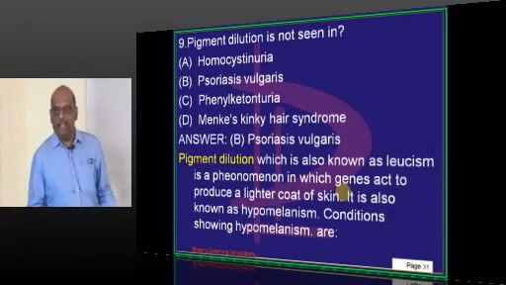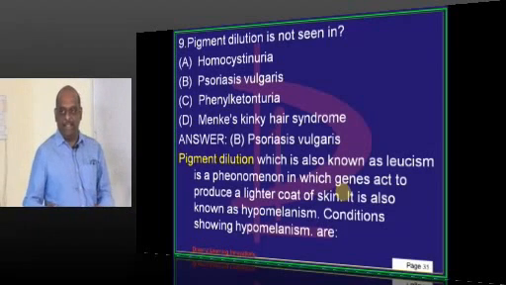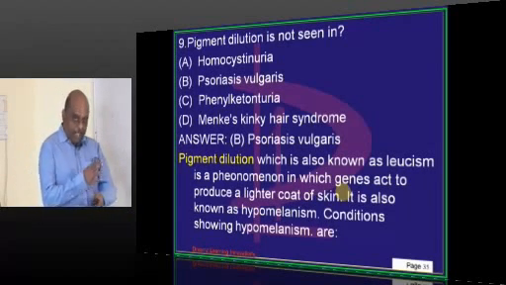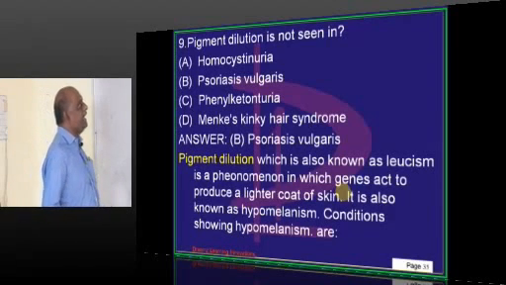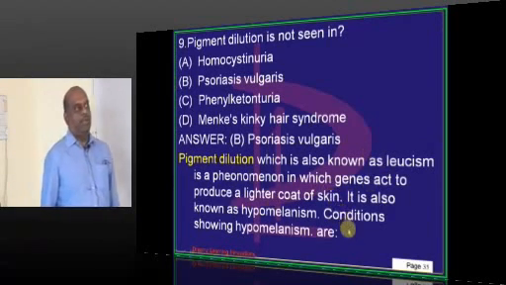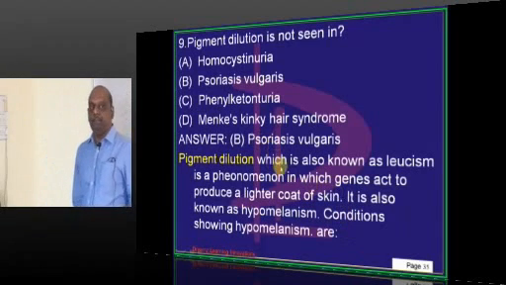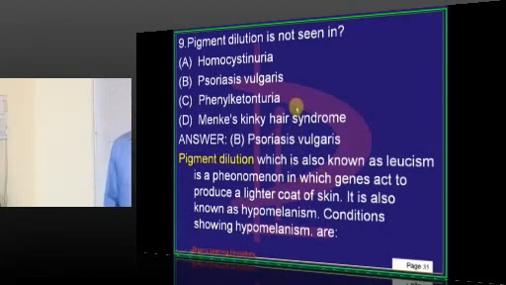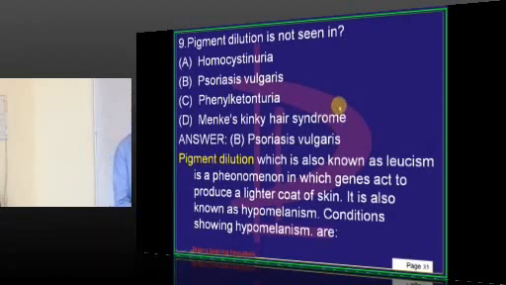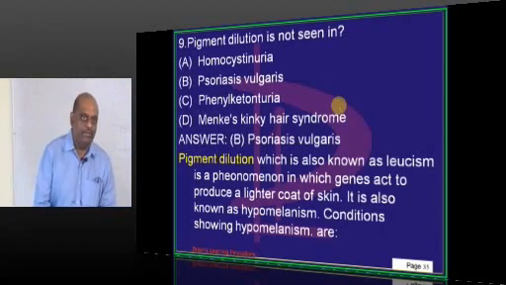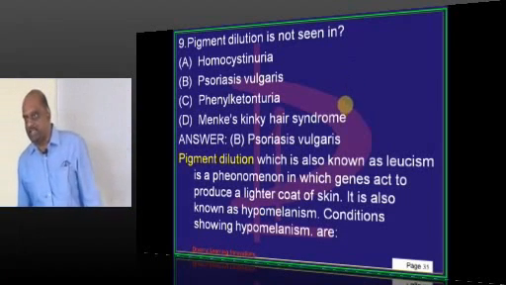The pigmentation is there, the pigment of the skin is there. Dilution of that pigment is called pigment dilution. What are the conditions where you find such a pigment dilution leading to a hypomelanotic state, leading to lightening of the skin, white colored skin? You don't find it in psoriasis.